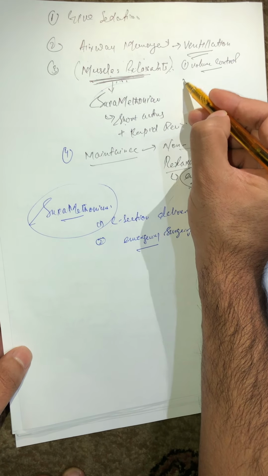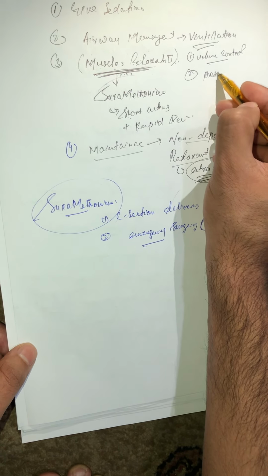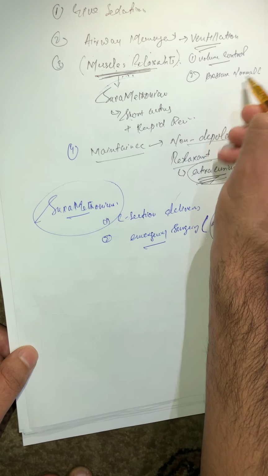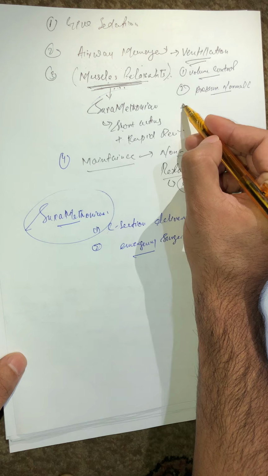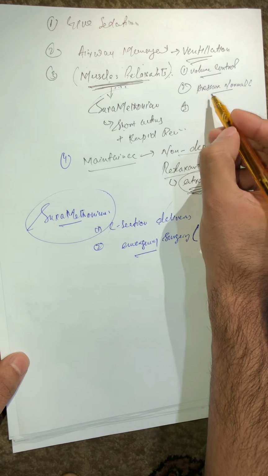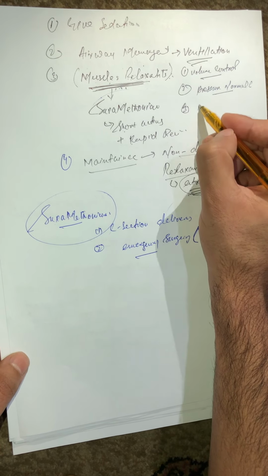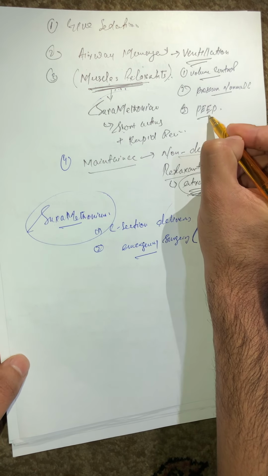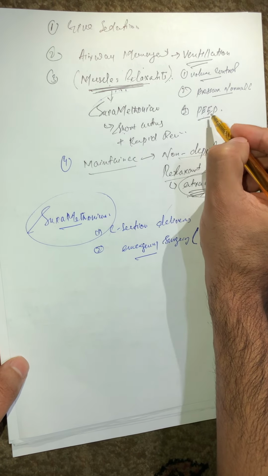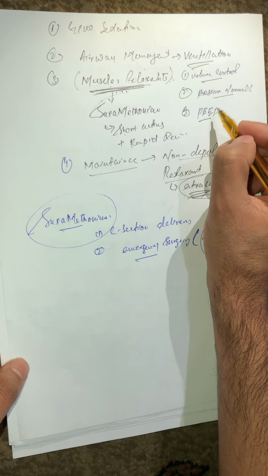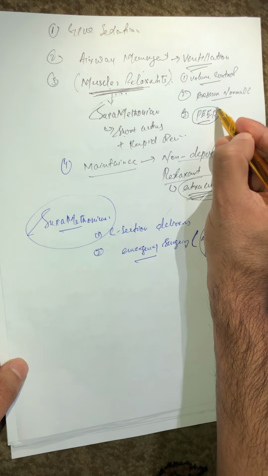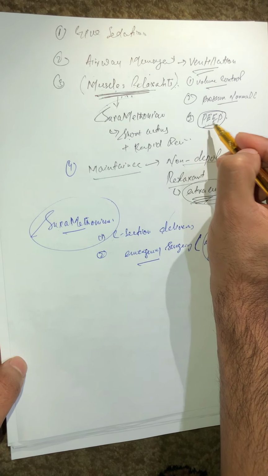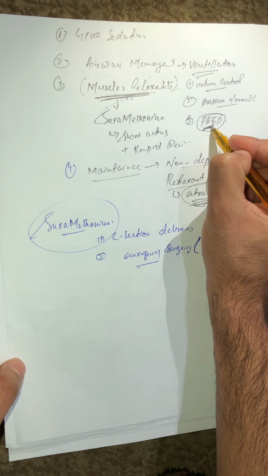The second one is pressure control to prevent high pressure air in the lungs. Third is positive end expiratory pressure, which is called PEEP. This one is the best level because it prevents alveolar collapse at the end of expiration.